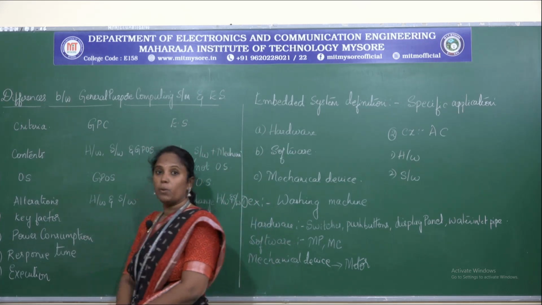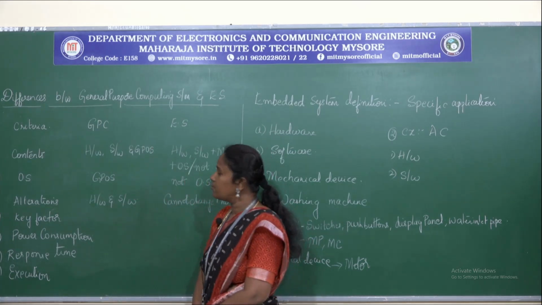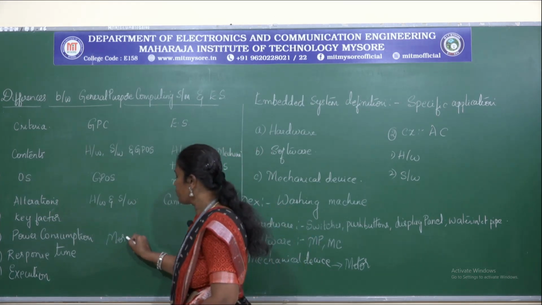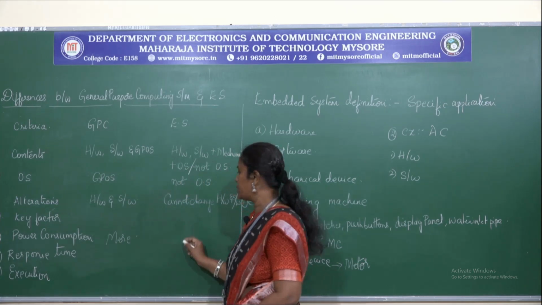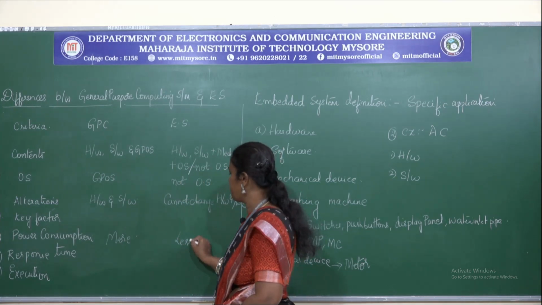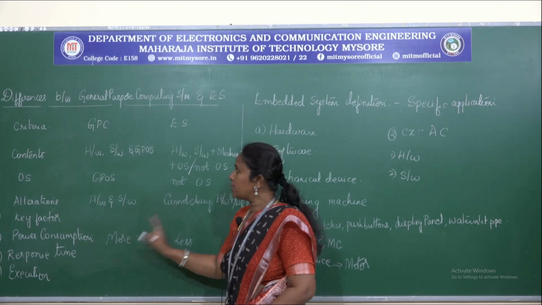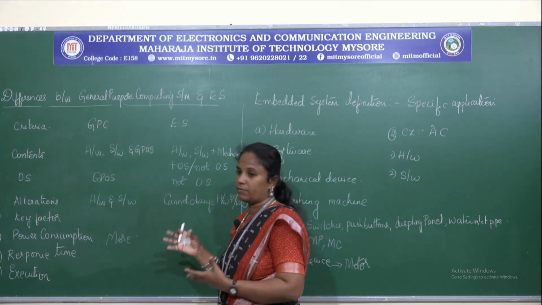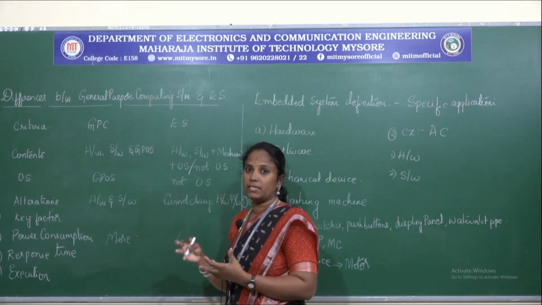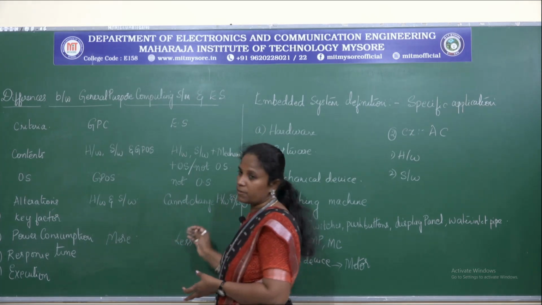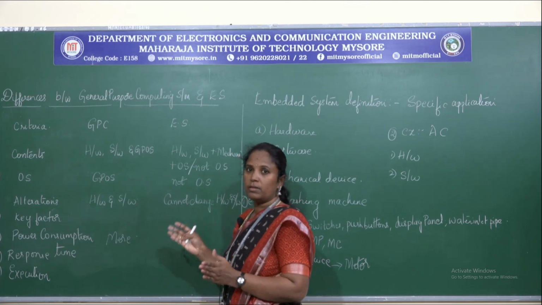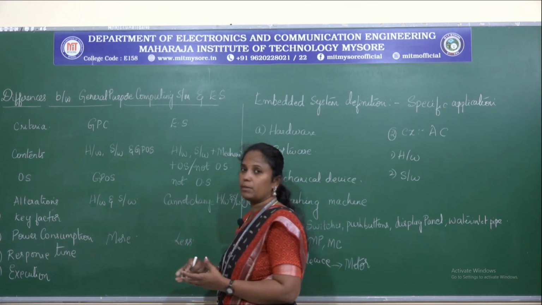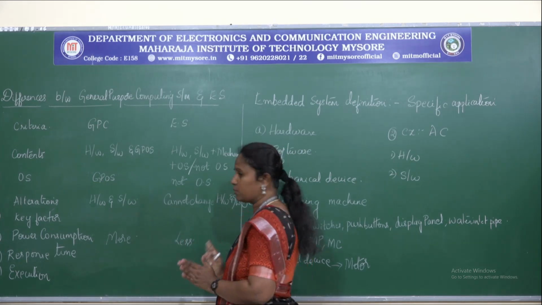Then we have power consumption. Power consumption in the case of general purpose computing is more than in the case of your embedded system, where it is less. Because in a general purpose computing system you have to interface the devices externally, but in an embedded system all the components are already available within your processor.